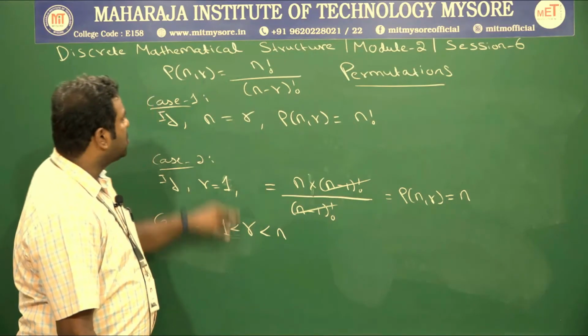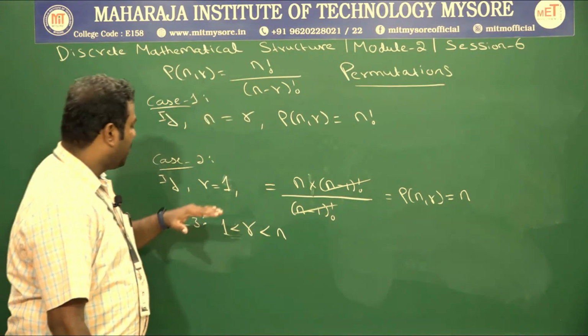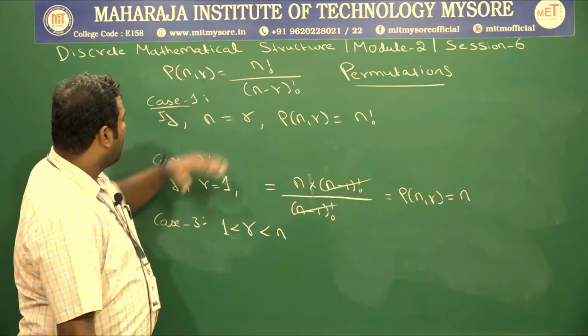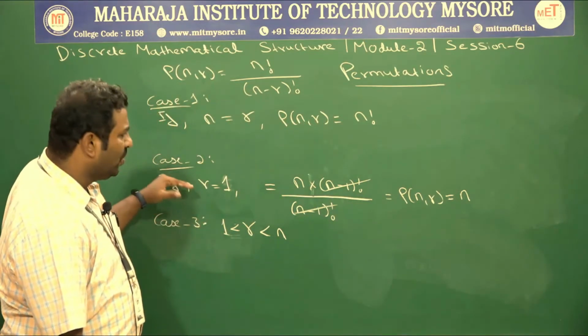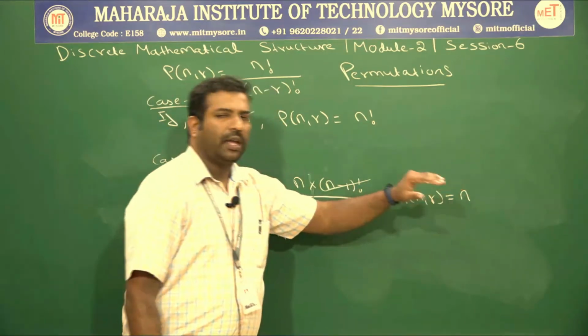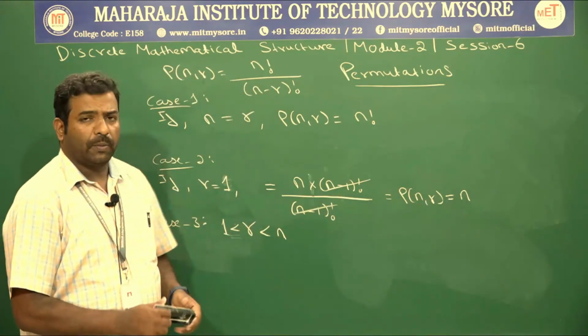Only for the remaining cases should you think about this formula. Hence, for case 3 this is the formula, for case 1 it is just n factorial, and for case 2 it is going to be n. This is how you need to think about it.